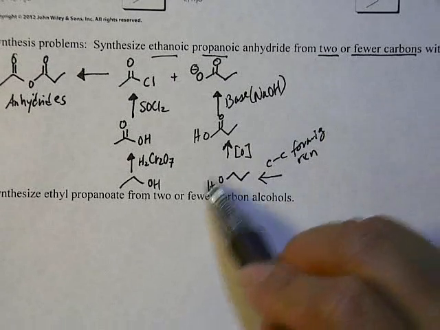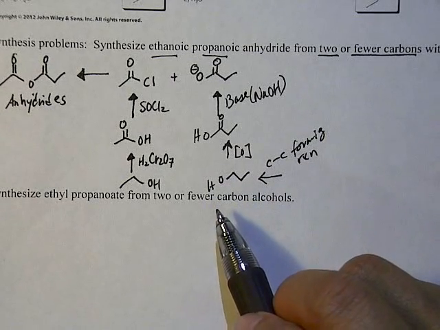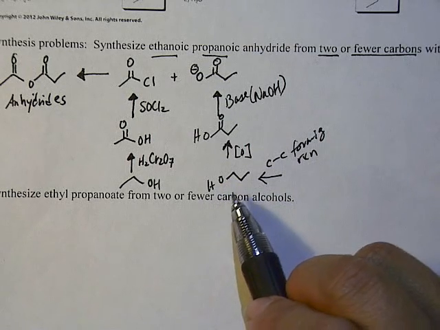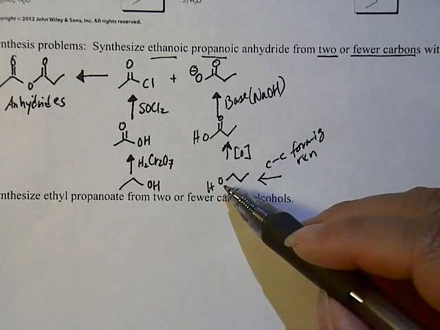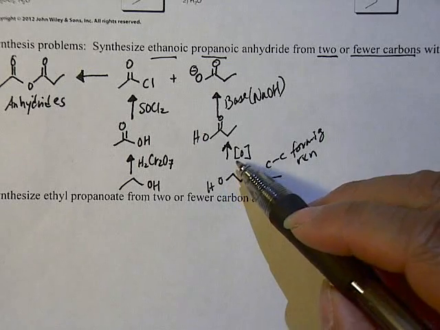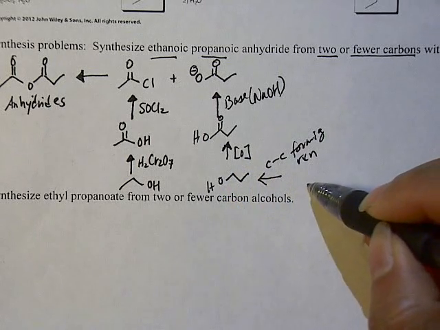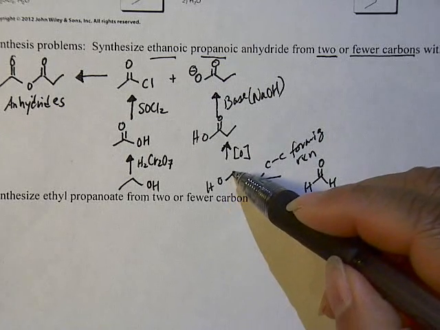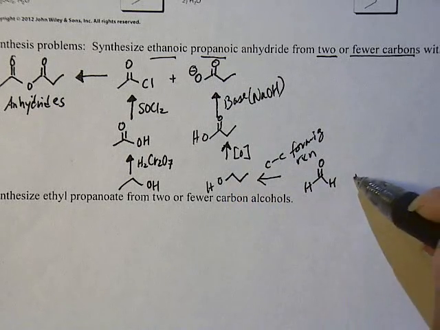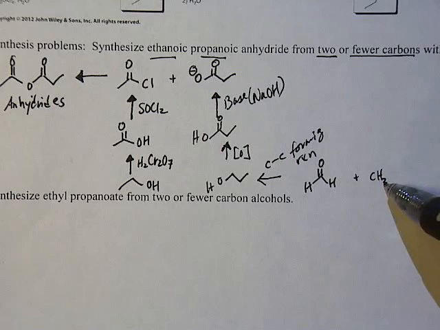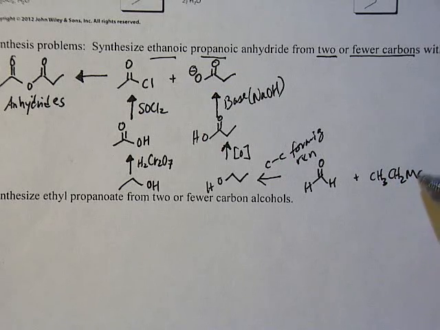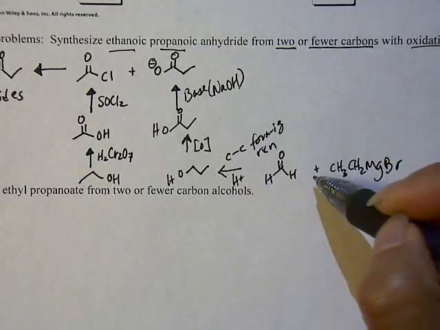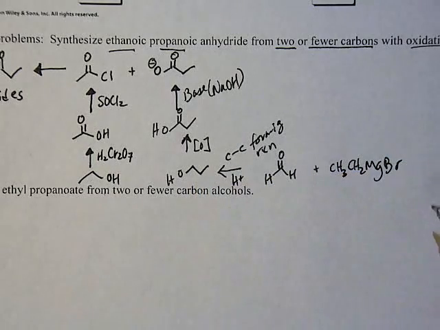And since you have an alcohol as your product, your first thought might be to use a Grignard reaction, because it produces alcohol directly. So if you have an aldehyde, formaldehyde with this carbon right here, and then you react it with a 2 carbon long Grignard reagent and treat it with acid, you make this propanol, right?